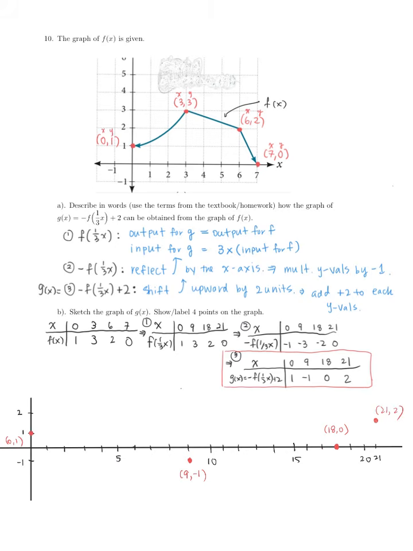So it looks like it's probably going to go like this, and then straight, connect to here, and then connect to there. Like that. Look at that ugly graph, but I hope you get the point.